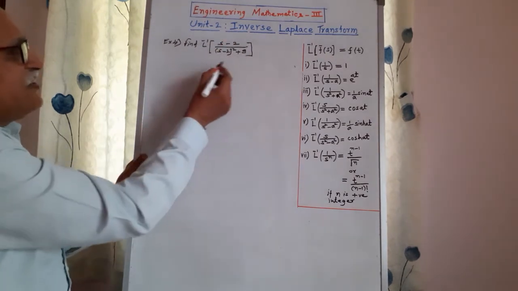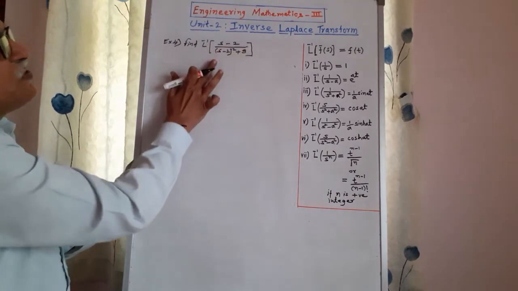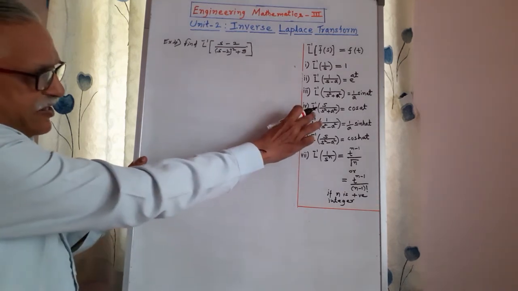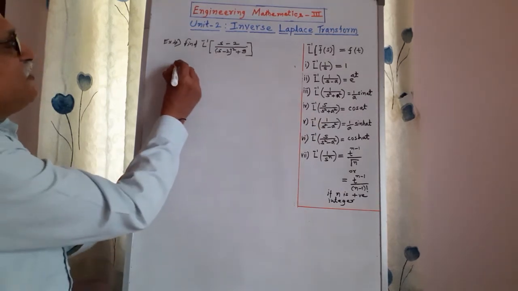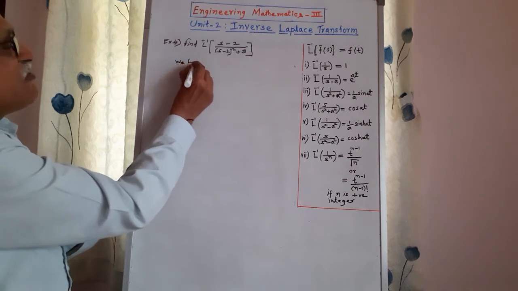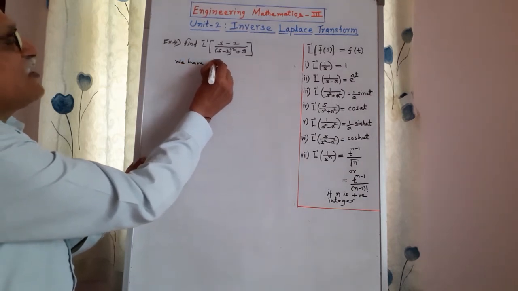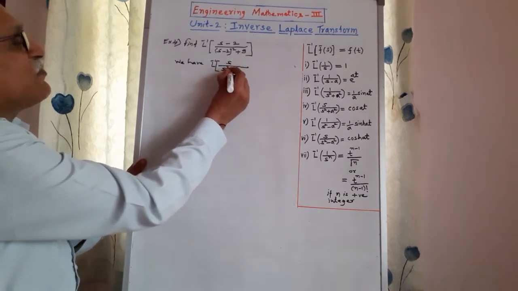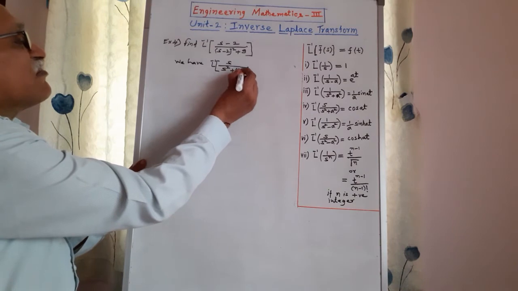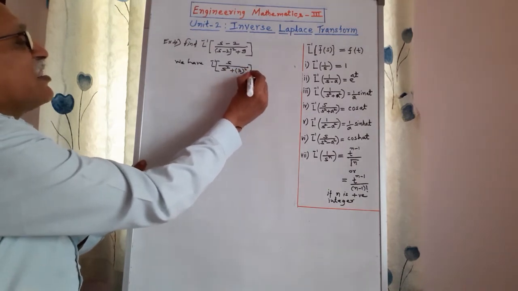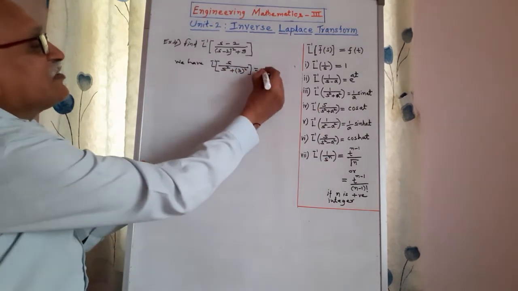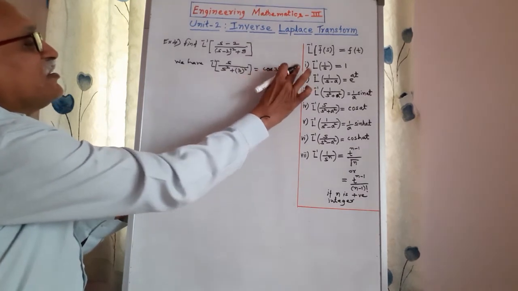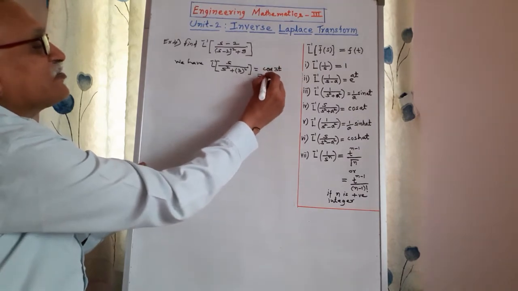First of all, if we neglect this 2, it becomes s upon s square plus 3 square. Applying this standard result, we have inverse Laplace of s upon s square plus 3 square as cos of at, cos of 3t, and we call this f of t, say.